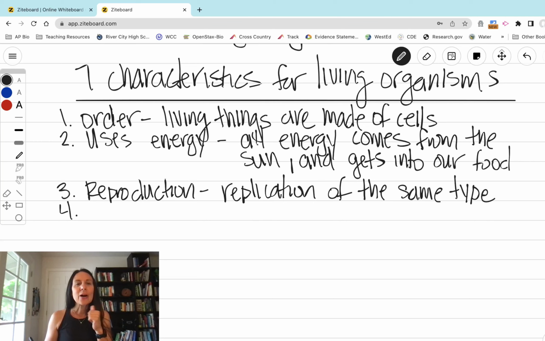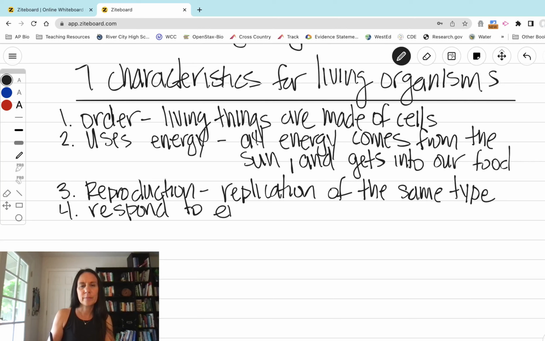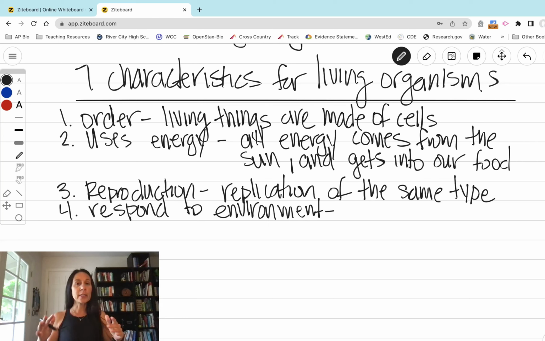Okay. All living organisms live in certain environments, and organisms need to respond to their surroundings. And so what that means is that an organism can't just sit there and not ever respond in any way.